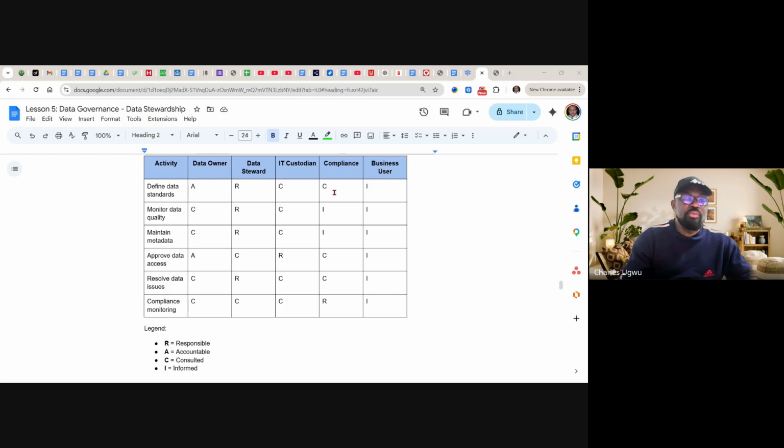Compliance makes input. They are consulted. Then business users don't need to do anything. They are just there to be informed of the data standard for managing their data within the organization. And then monitor quality: the data owner is consulted, and the data steward is responsible, consulted, informed. Then this one, maintain data: consulted, responsible, consulted, informed.